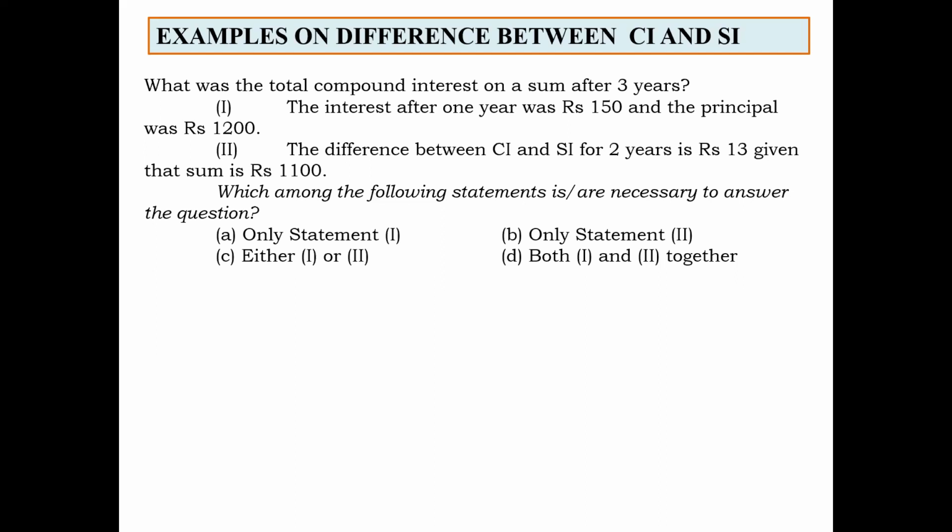Now, what changes will happen in that case? For example, suppose I say that compound interest is being calculated half yearly. What does this mean? We will calculate interest 2 times in a year.